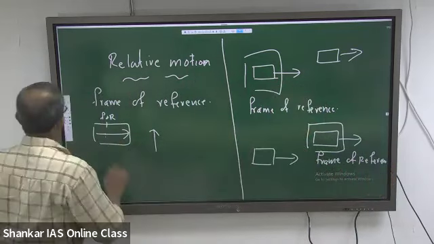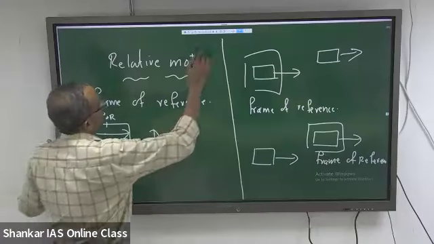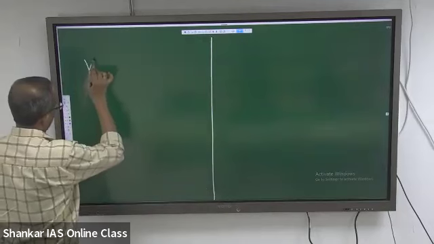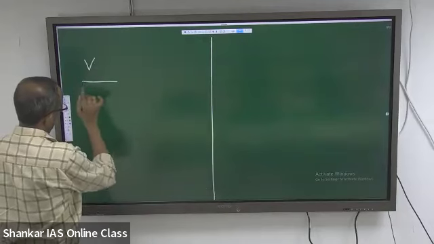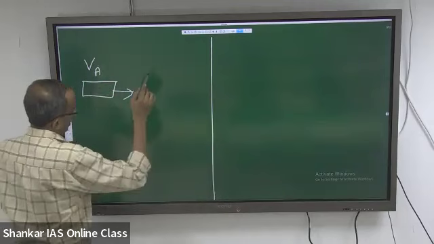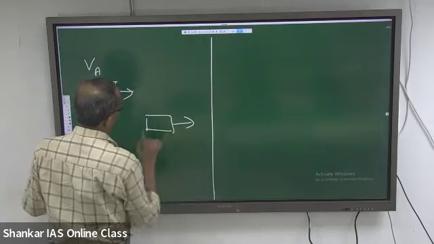Now, we consider one-dimensional motion of two cars. That is, car A is moving with velocity VA. Another car B is moving with velocity VB.